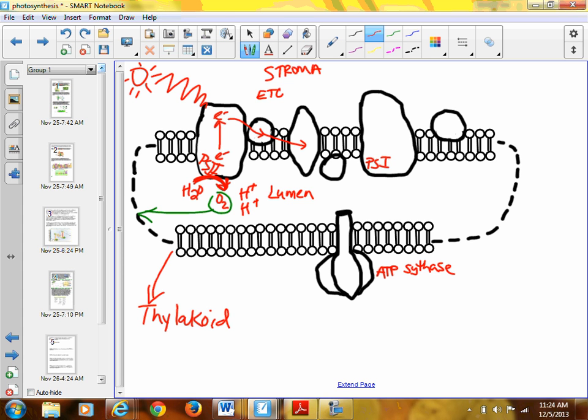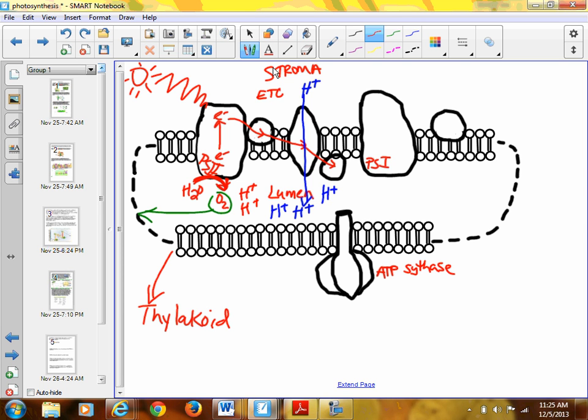As it goes through this middle protein, it causes enough energy for us to pull protons down through this protein. So that energy from that electron is used to pull protons into the thylakoid. So we're adding more and more protons every time an electron comes through.